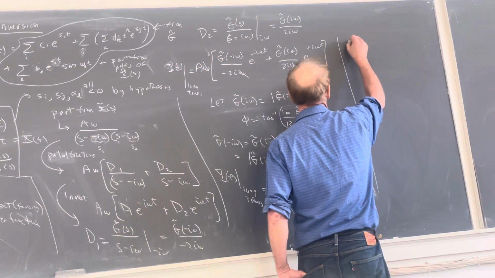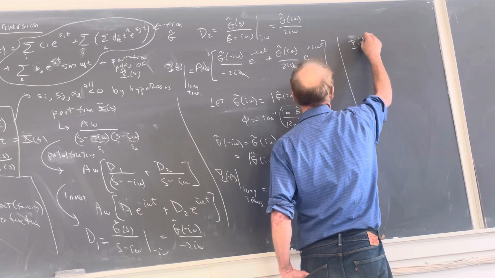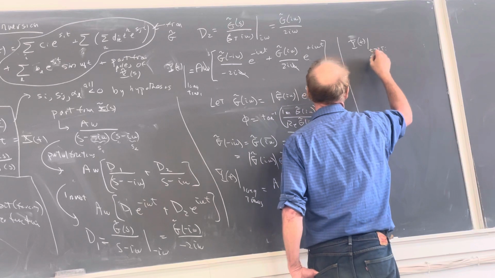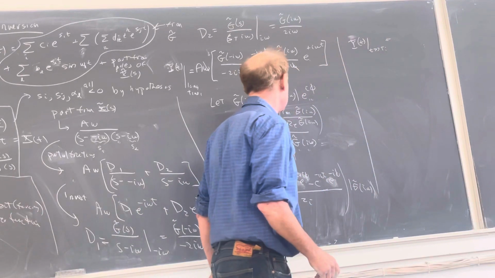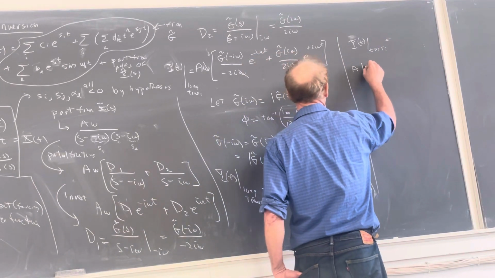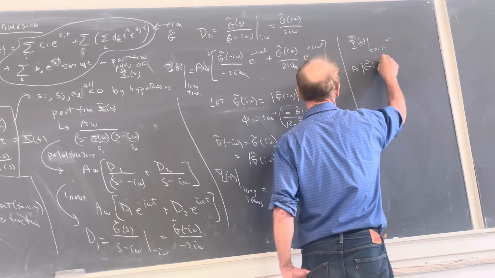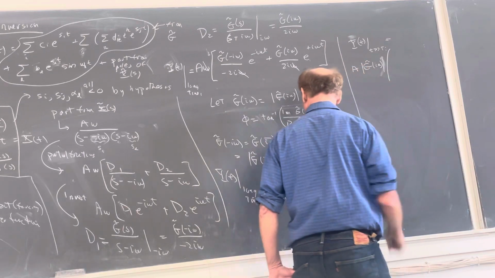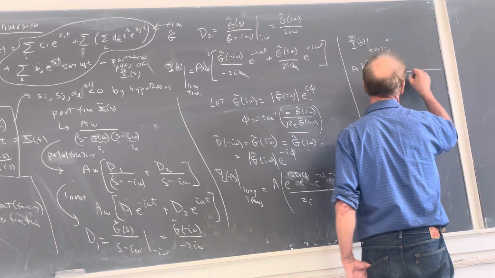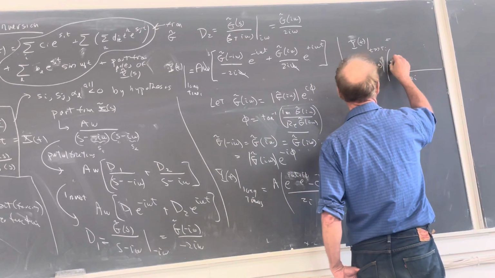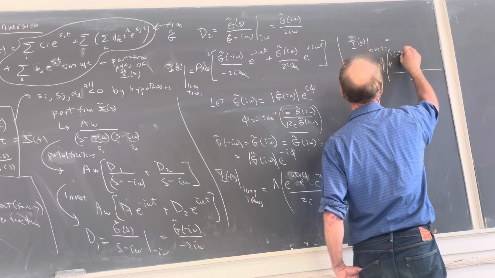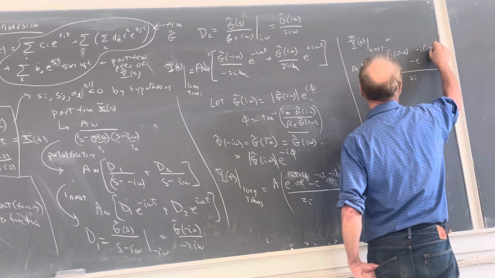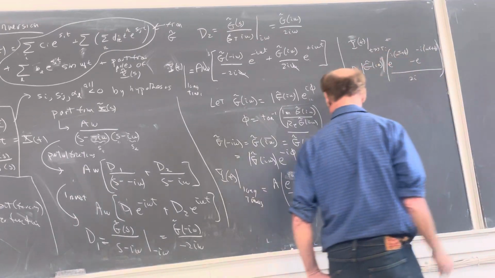So I have y of t, t much greater than all the tau, is equal to a times the magnitude of G tilde of i omega times 1 over 2i, e to the i omega t plus phi, minus e to the minus i omega t plus phi, over 2i.